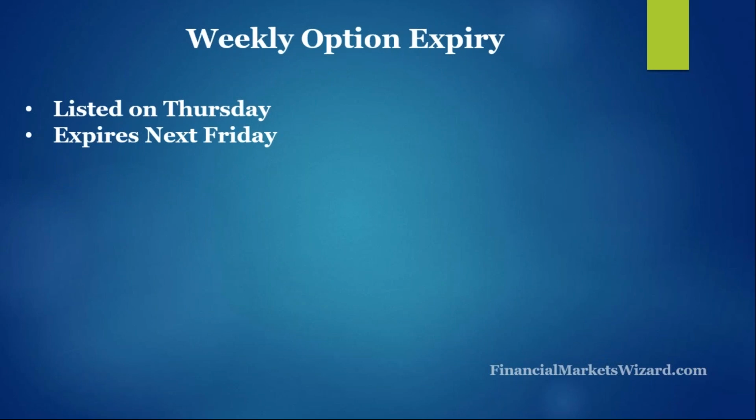Weekly option expiry. Weekly options are listed for selected stocks, and they are listed on Thursday. So each Thursday the weekly options get listed, and then they expire next Friday. So if today is Thursday, they expire next Friday, not tomorrow, next Friday. So there is a very limited time period.